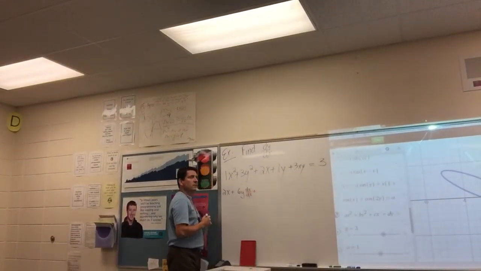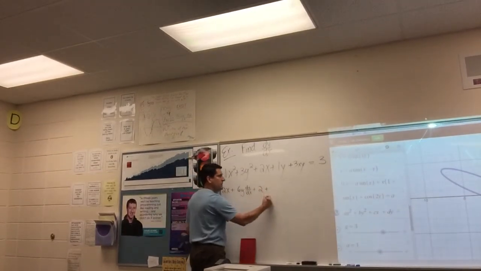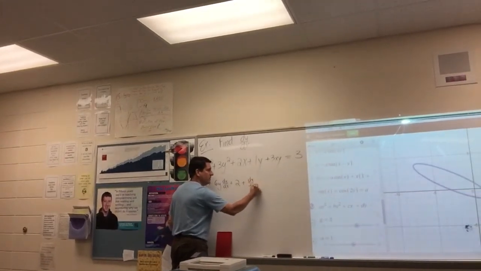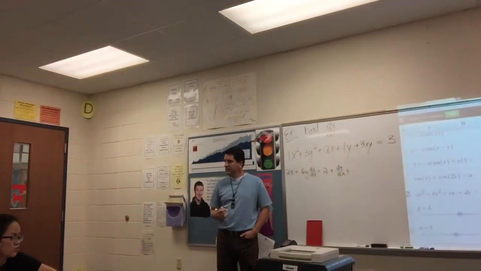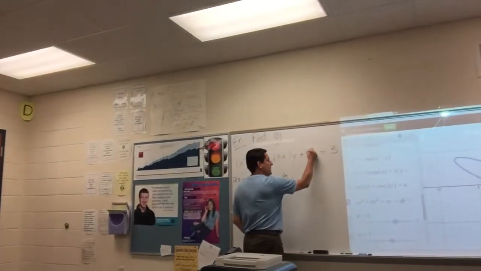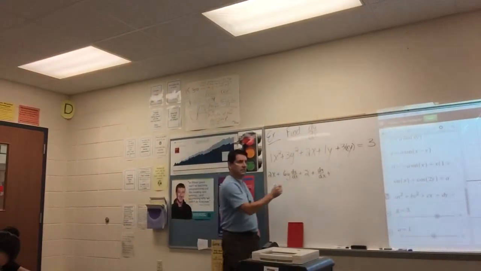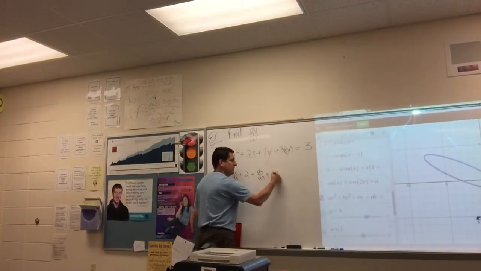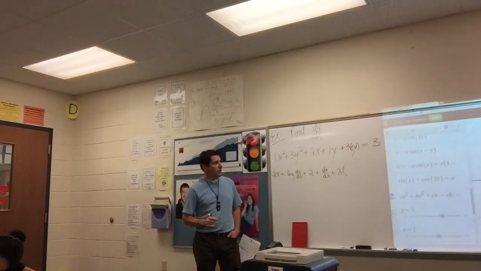Plus derivative of 2x is 2, plus the derivative of y, dy dx, plus the derivative of 3xy, product rule. For the sake of it, I'm going to put the xy in parentheses, and the derivative of a constant times the product of two functions is the constant multiplied by the derivative of the product, which we're going to use a product rule on.